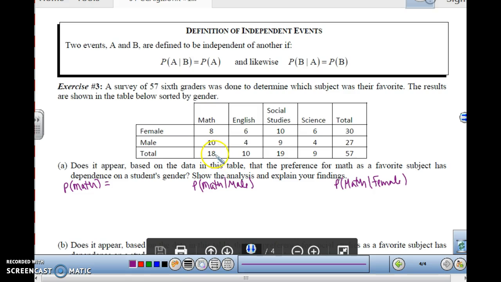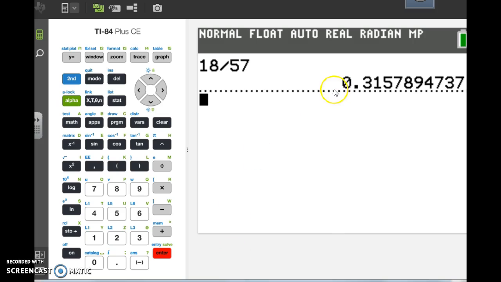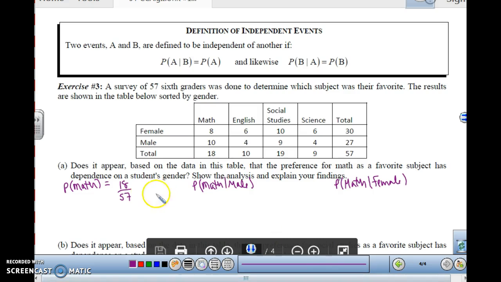That would be 18 total. Out of how many total in the group? There's a total of 57. So 18 out of 57 is approximately 0.32. That's your probability.